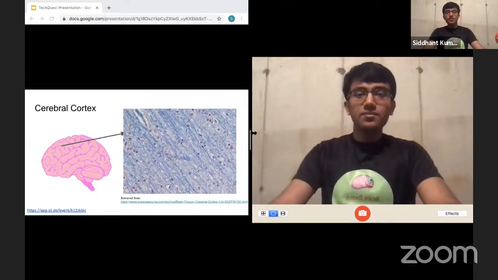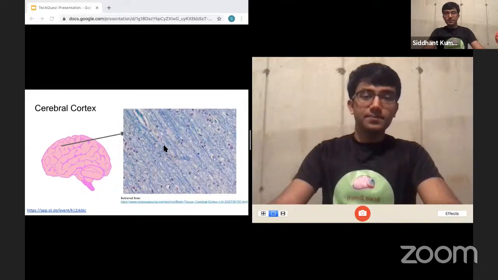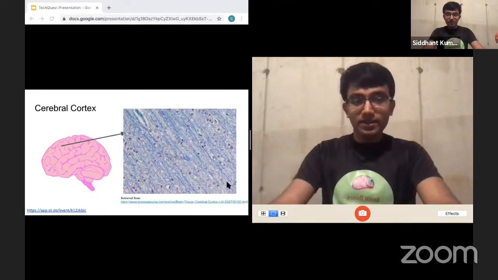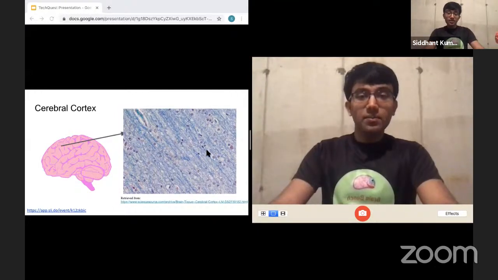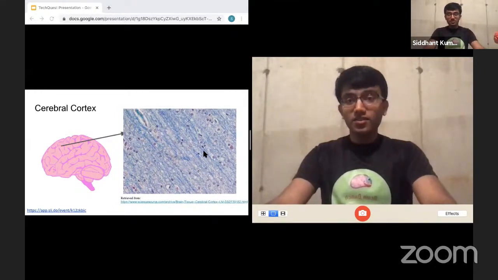What are some things that you may notice here in the slide? There are dots. That's a great point. Anything else? There's spots. Yep. There's also streaks here. Yep, and it's blue. That's a good observation too.